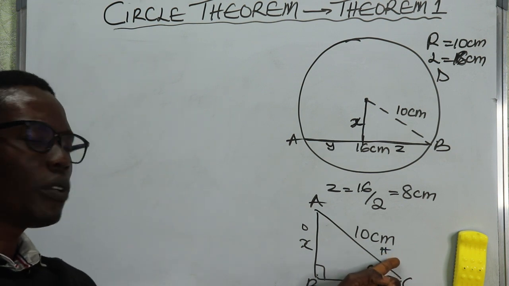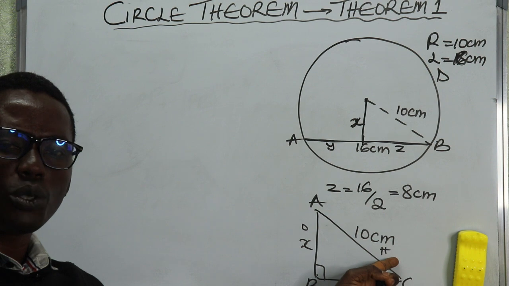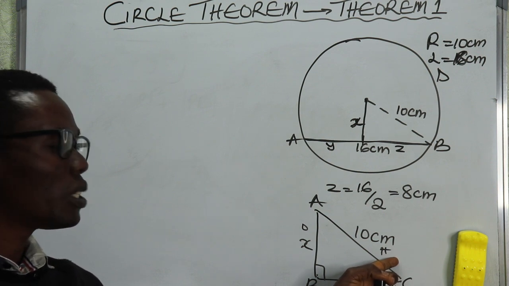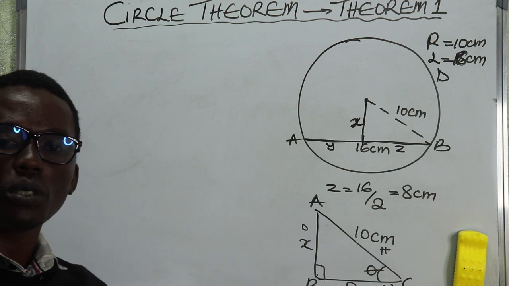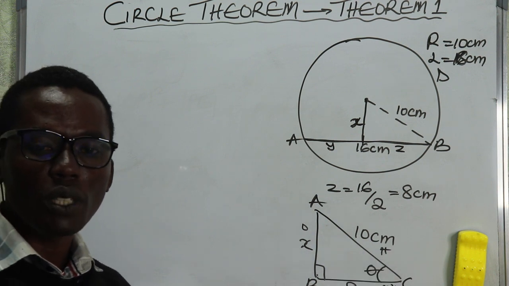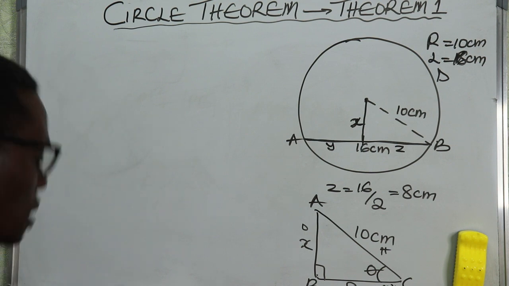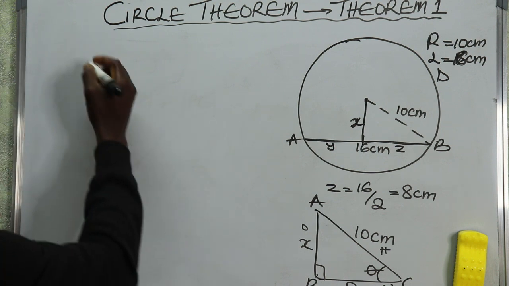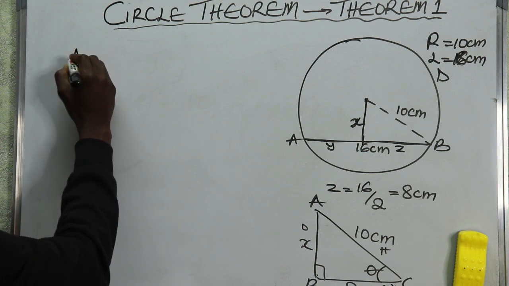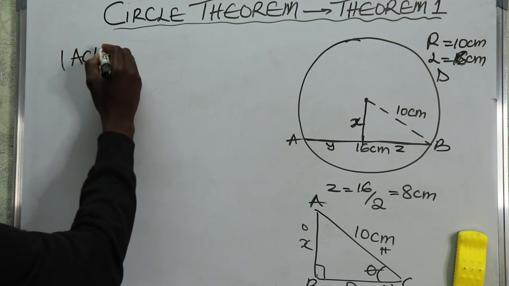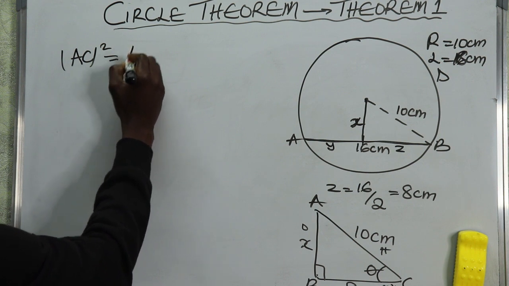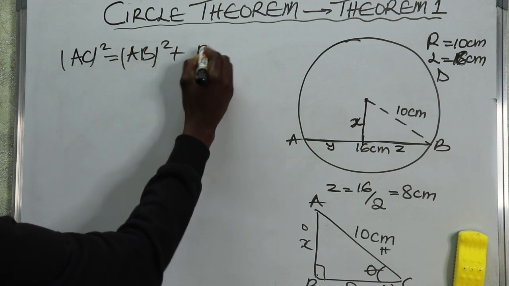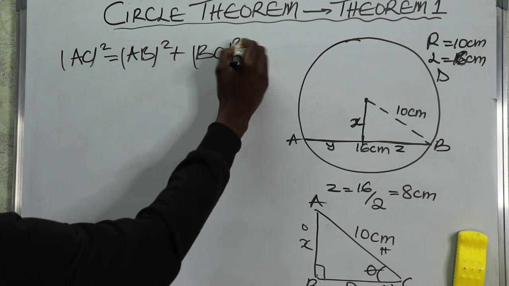Now remember the Pythagoras theorem. It only works for right angle triangles. It says the square of the hypotenuse is equal to the sum of the squares of the other two sides. So we are going to have AC square equal to AB square plus BC square.